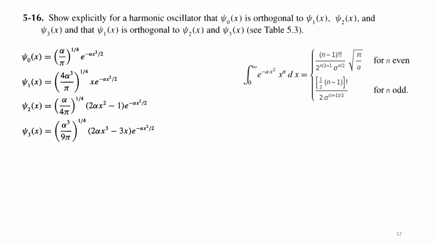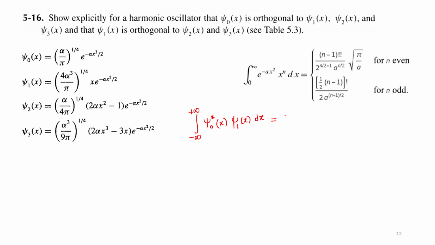So for the orthogonal relationship, you know what you need to do. To check whether psi 0 is orthogonal to psi 1 or not, you need to integrate over the boundary, which for a harmonic oscillator is minus infinity to plus infinity. You need to integrate psi naught x with psi 1x dx.